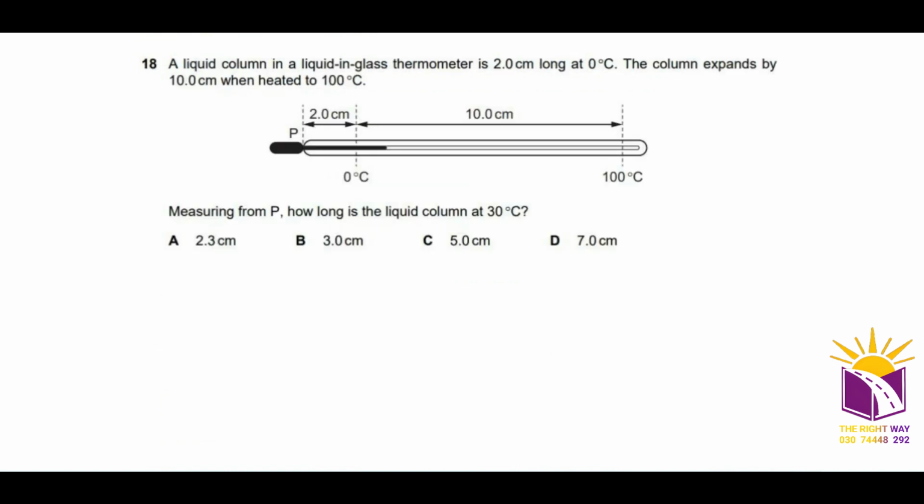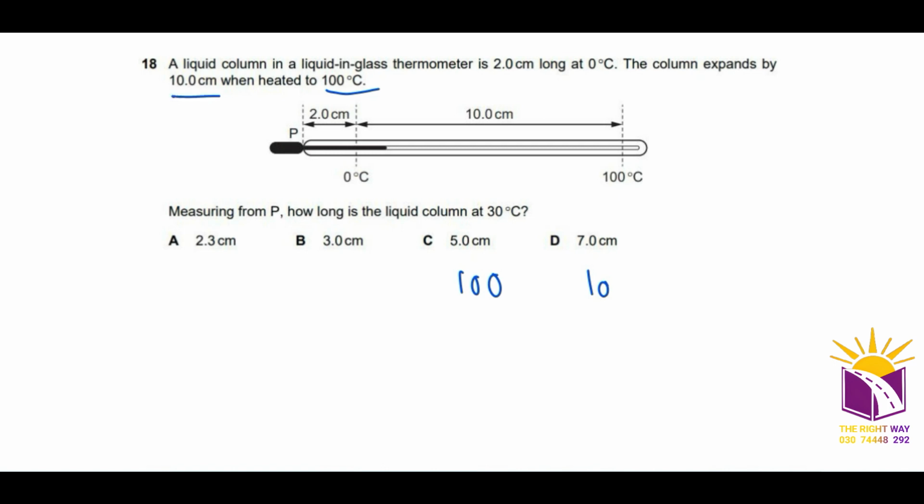Question number 18. A liquid column in a liquid in glass thermometer is 2 cm long at 0 degree centigrade. The column expands by 10 cm when heated to 100 degree centigrade. Measuring from P, how long is the liquid column at 30 degree centigrade? As we know that for 100 degree centigrade, the expansion is 10 centimeter.